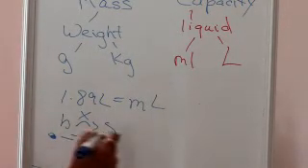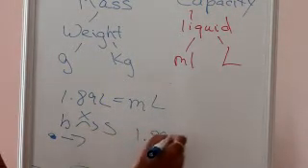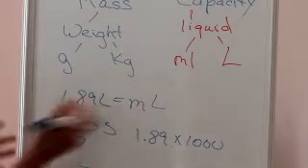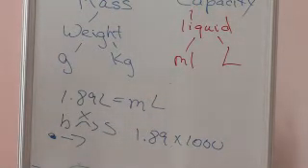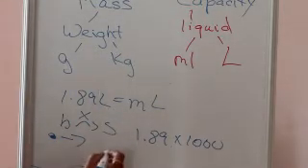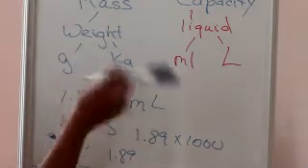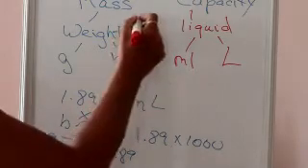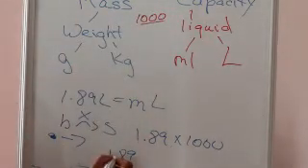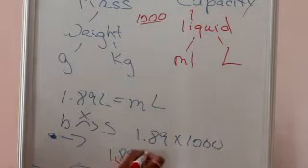So I take 1.89 and I'm multiplying it by 1,000. Again, you can use a calculator for doing this, but it's understanding what we're doing. So 1.89, I'm going to move it 3 spots because we're going by 1,000, right? And there's 3 zeros in 1,000. 1, 2, 3.